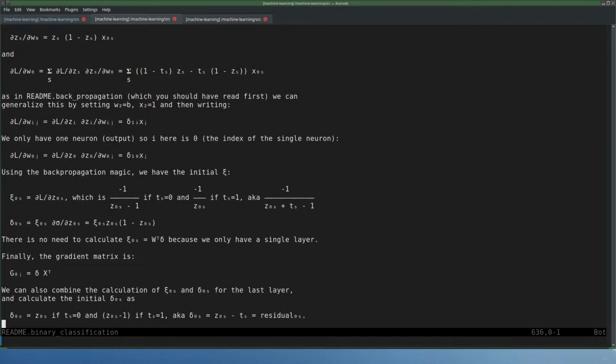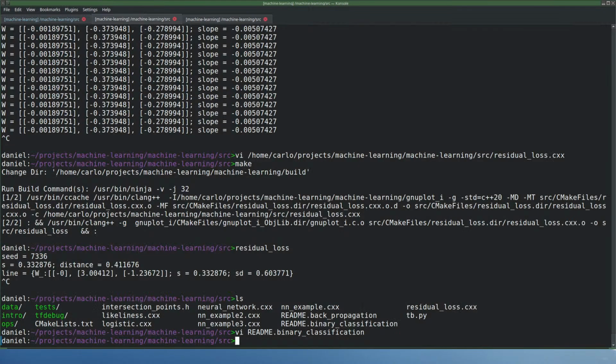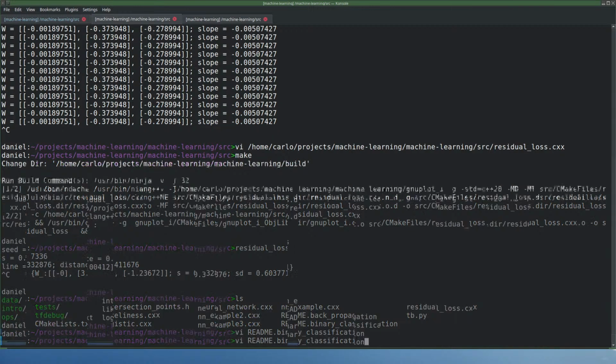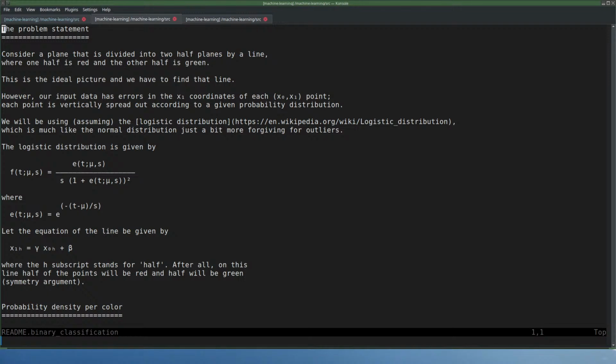And maybe even not in this file. Make a new readme. Right, it belongs to the binary classification. So I'll add it somewhere here.